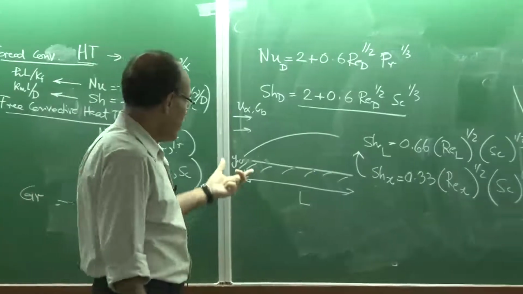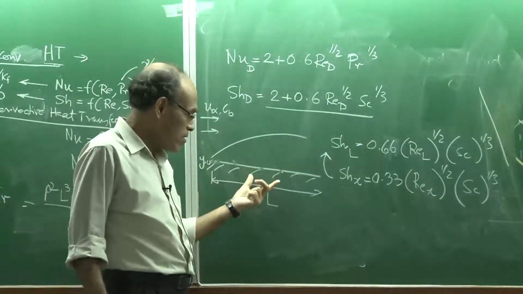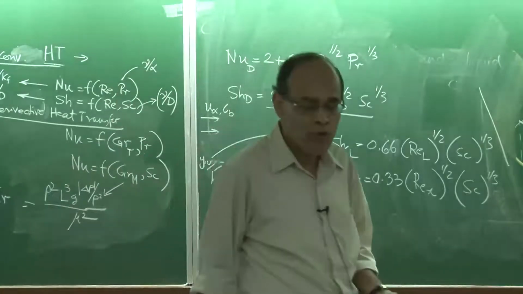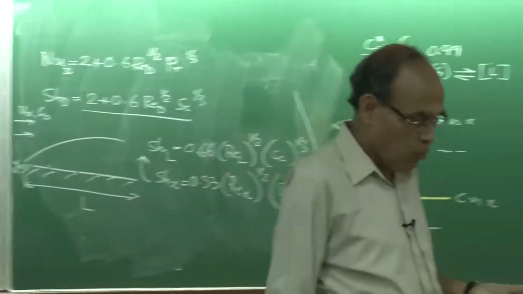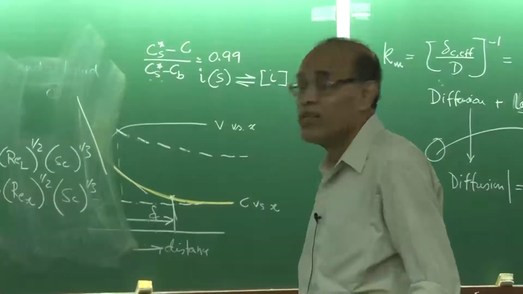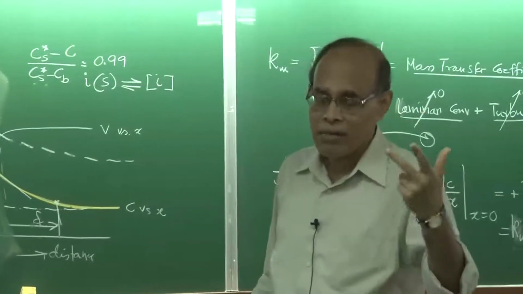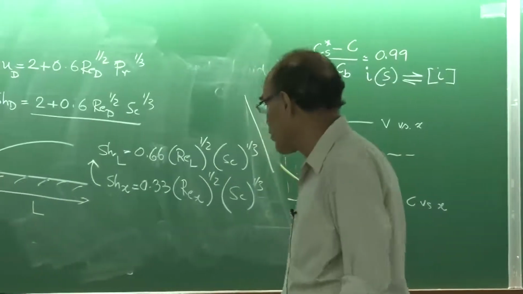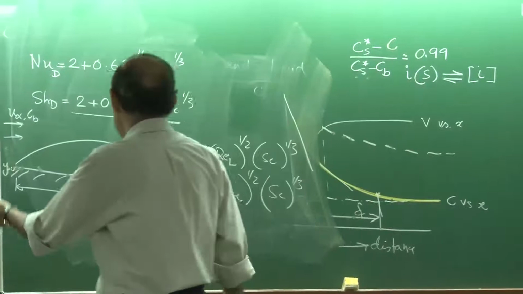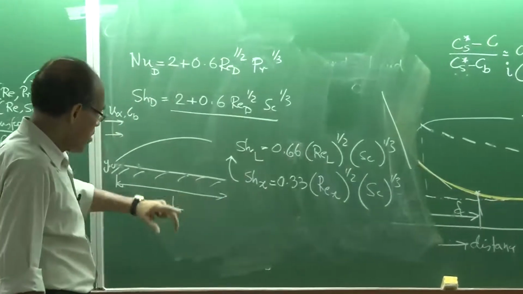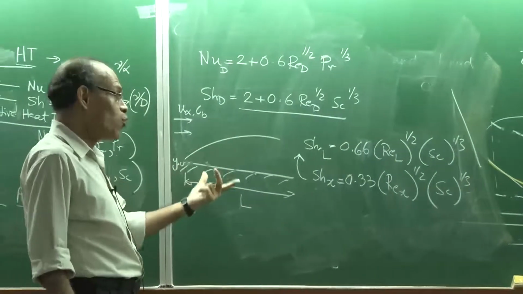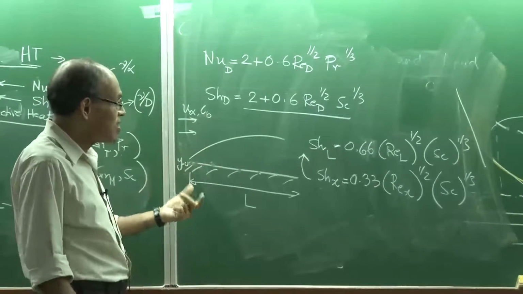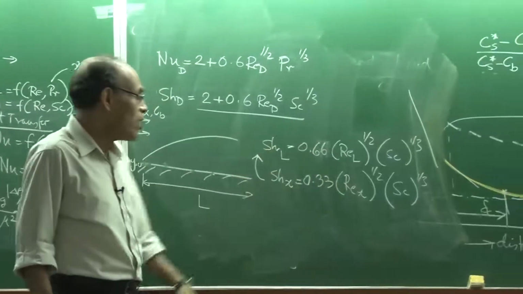So this I have extensively discussed: the governing equations of fluid flow, the equation of continuity, the equations of motion along the x and y direction, two-dimensional flat boundary layer over a flat plate, and then also the thermal balance equation. The thermal balance as well as the concentration balance or mass balance equations will look almost similar, practically similar. So therefore a one-to-one correspondence exists, and similar correlations are also available.